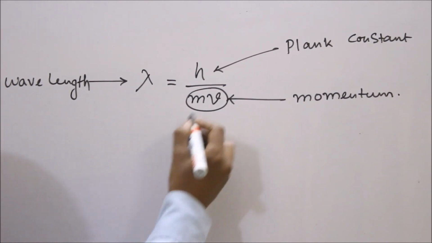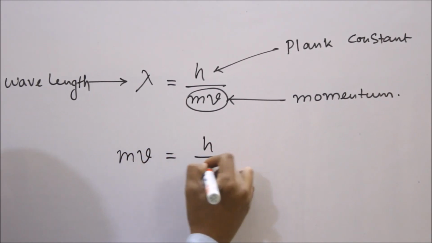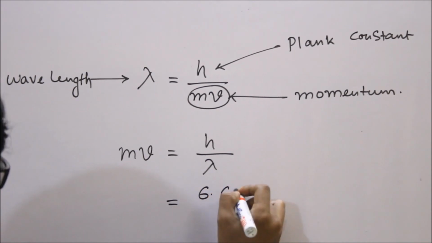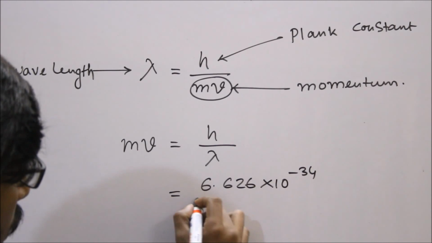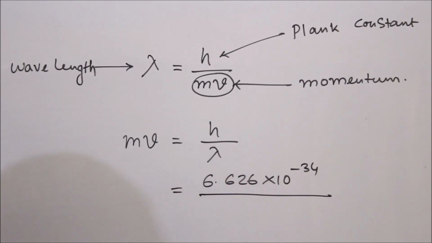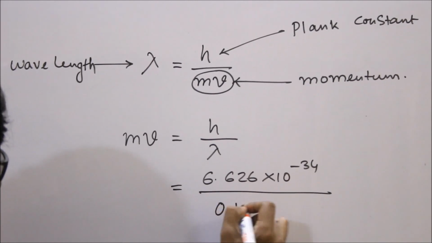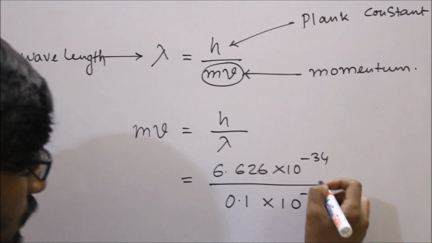Now we have to find out the momentum, so mv equals h by lambda. Now h equals 6.626 into 10 to the power minus 34 and lambda is 0.1 nanometer, that means 0.1 into 10 to the power minus 9 meter.